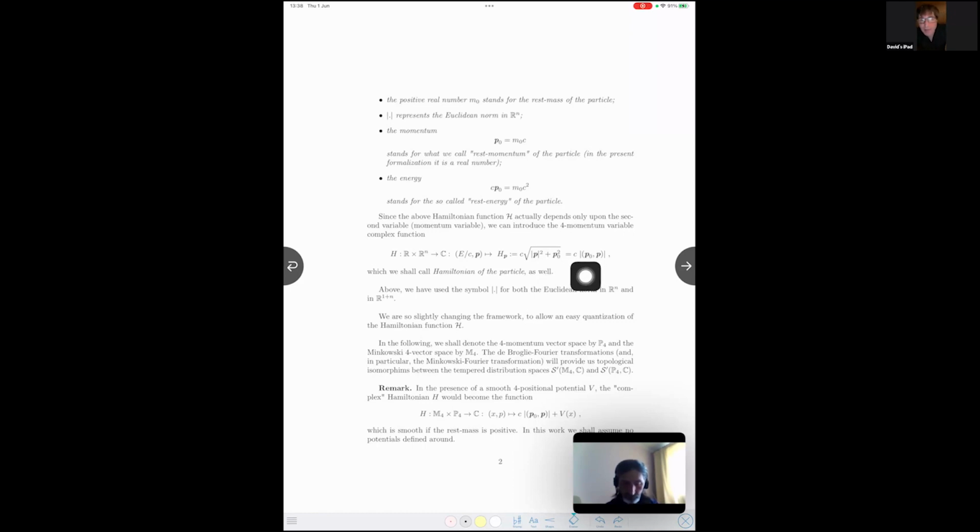Okay, so we have the Euclidean norm of the four-vector P0, P, four-vector in the sense of linear algebra, not in the sense of tensors or the Minkowski setting, multiplied by c.